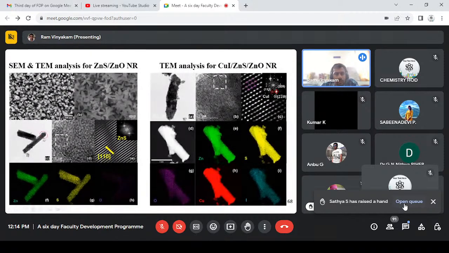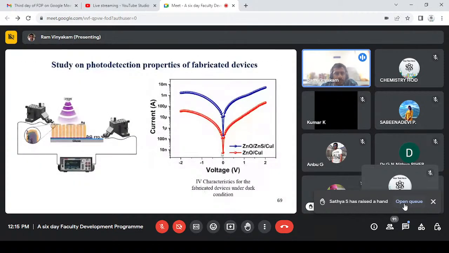And you can see there we used STEM with EDX for analyzing the introduction of sulfur, and the presence of oxygen and sulfur was confirmed. The diffraction studies were also performed to confirm that. And this is a simple schematic diagram of the device that we have made.